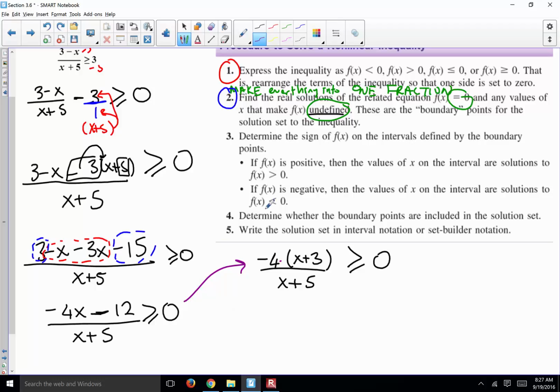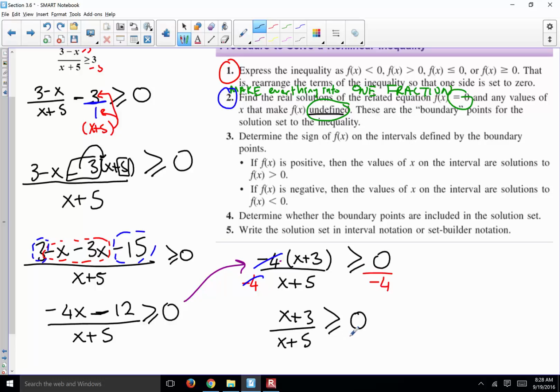Yeah. You can divide both sides by -4. And I obtain x plus 3 over x plus 5. What is 0 divided by -4? It's 0.